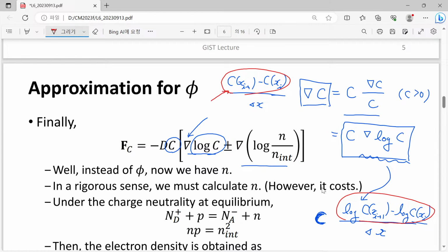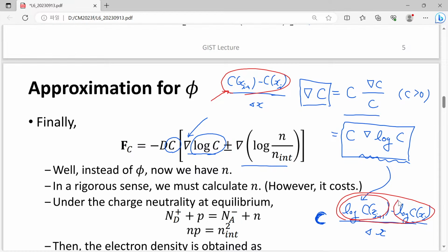However, even for rapidly varying concentration, when we take the log, its deviation can be much more reduced, and our assumption here can be much better than this one. So this is the typically used form for our diffusion equation in reality.